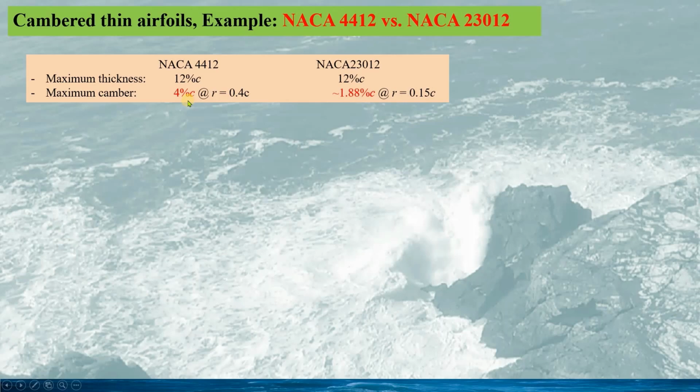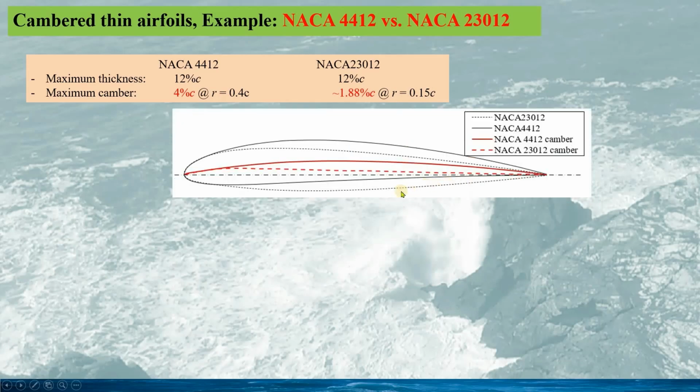For NACA 4412, the maximum camber is 4% of the chord at 40% of the chord, while the NACA 23012 has a camber of about 1.88%, and this maximum camber happens at 15% of the chord. So we can see in this plot the comparison of these two airfoils.